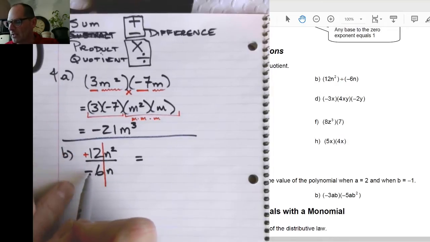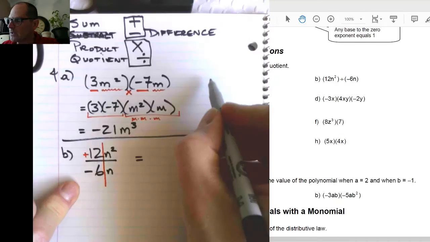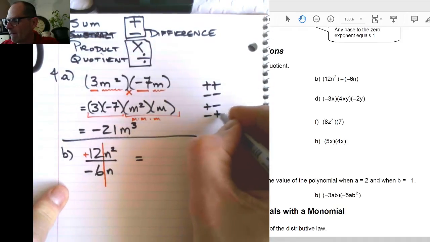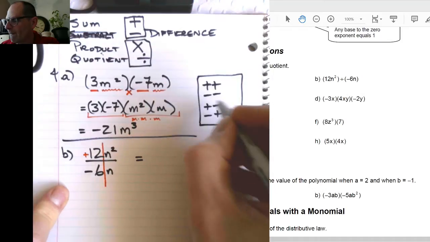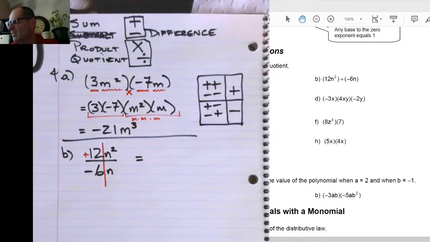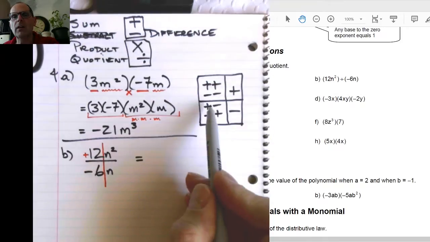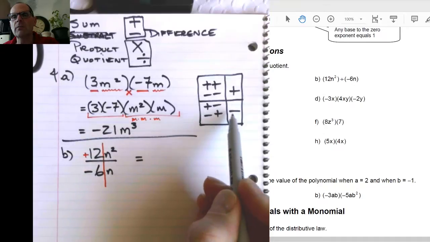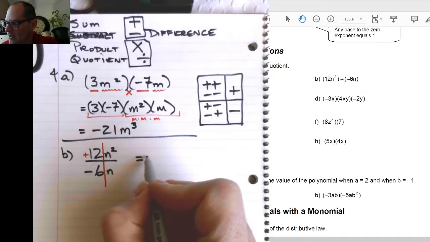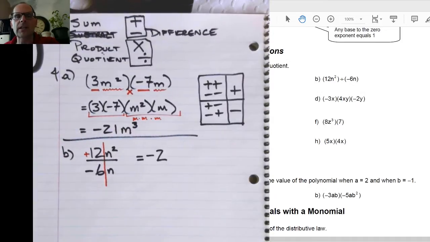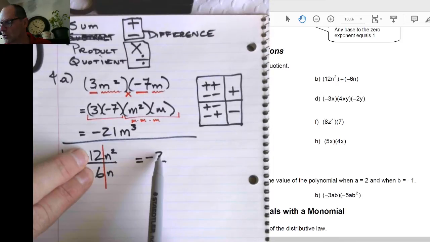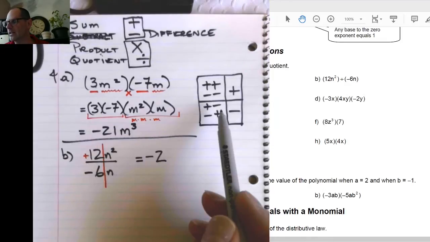Positive 12 divided by negative 6, if you think of that little square box, when we have two different signs, the result is negative. So this is positive, divided by a negative, so that becomes negative 2 as the final answer. 12 divided by 6 is 2, but because it's a positive and a negative, the answer is negative 2.